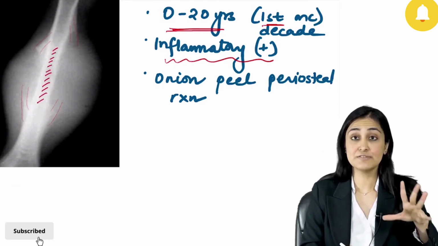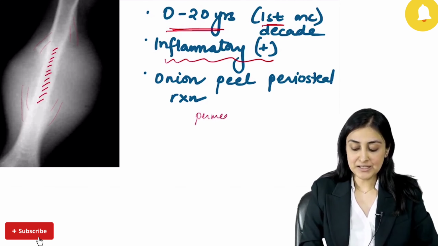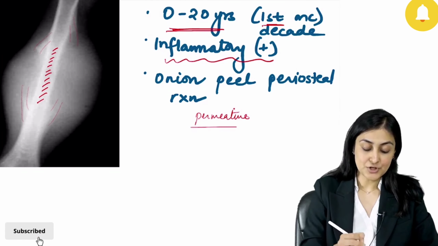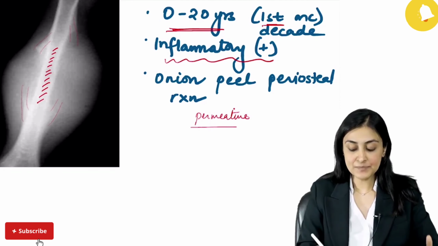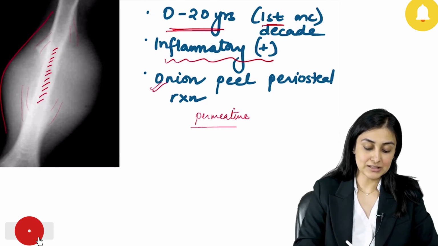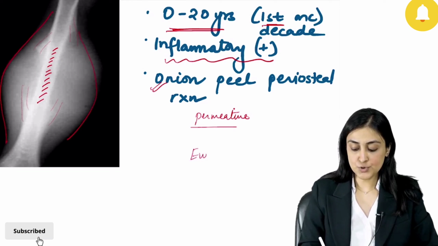It is such a destructive lesion that it infiltrates into the bone. This is called a permeative diaphyseal lesion with an incomplete periosteal reaction. Do you see these lifted up bone layers with lamellae? This is referred to as the onion peel periosteal reaction, and look at the large soft tissue component. All of these features favor an Ewing sarcoma.